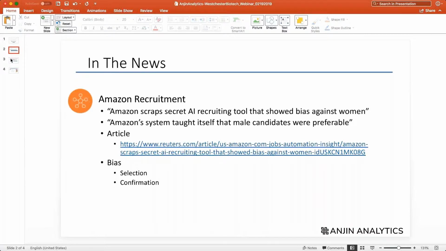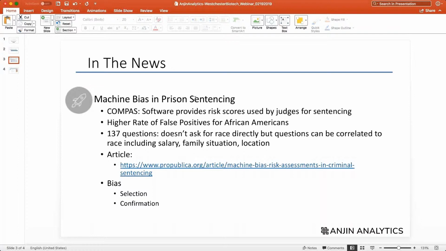That's fine. Okay. Thanks. Just another example in the news. A number of courts around the country use software that provides risk scores that help judges make decisions on sentencing. There are around 137 questions asked in the system, and while they don't directly incorporate the question of what is the race of the individual, a lot of the questions are looking at things like salary, the family situation, did the person grow up in a divorced family, a lot of different social determinants questions, as well as location, where they live.